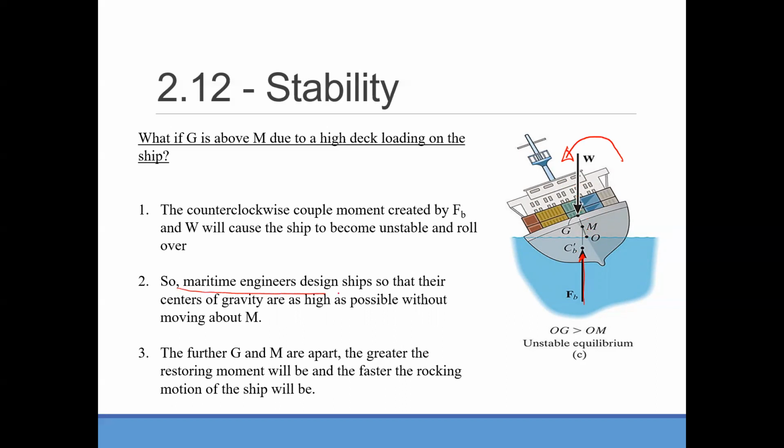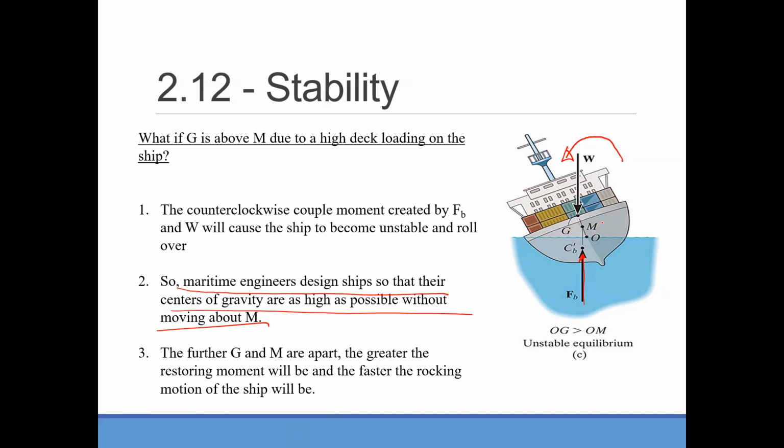That's why it's very important when maritime engineers design ships that their centers of gravity are as high as possible without moving above M. The further G and M are apart, the greater the restoring moment will be and the faster the rocking motion of the ship will be.